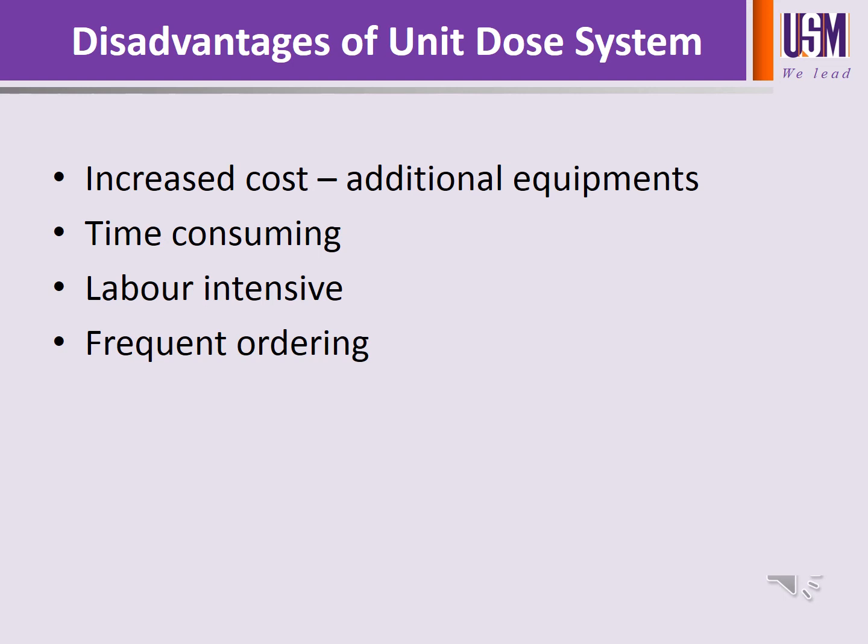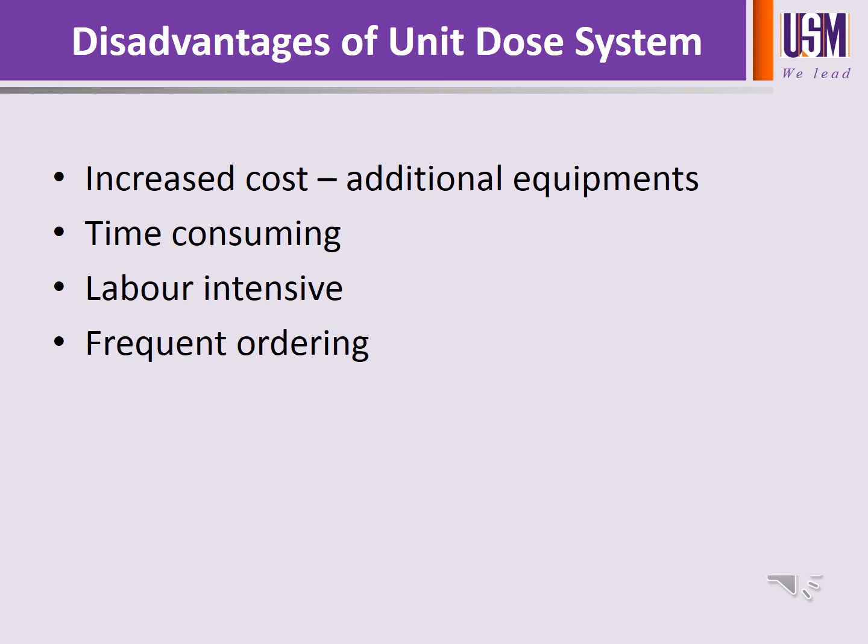It is labor intensive. We need a pharmacy assistant to do this work, and also pharmacists will be doing this work, and it will be very troublesome because there will be frequent ordering on a daily basis. Every day there are several patients coming into the hospital and also being discharged. Whenever they come to the hospital, we have to prepare a new unit dose medication for the patient.